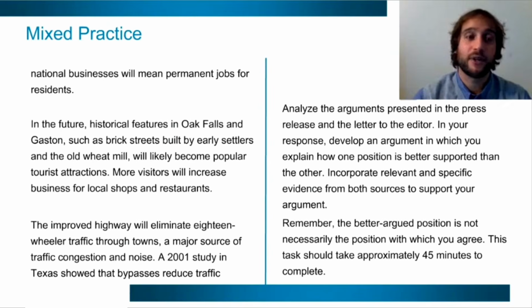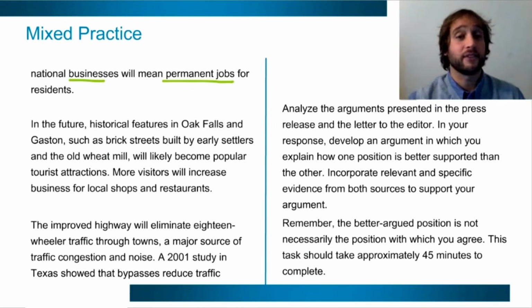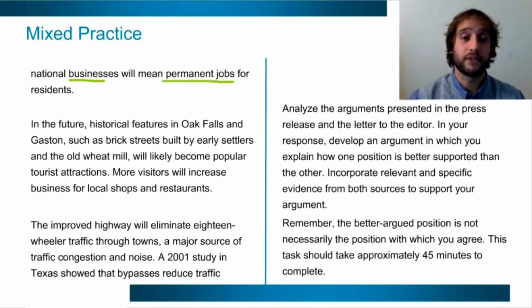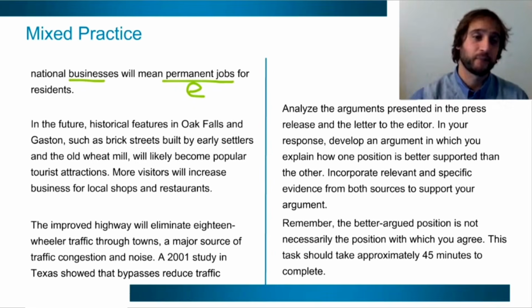Okay, let's see how you would evaluate the evidence that we get on this page. Well, we learned that if those businesses come, it means permanent jobs. Now, there's no guarantee that those come, but permanent jobs really tie back into one of the central claims about the positive effect of this change.